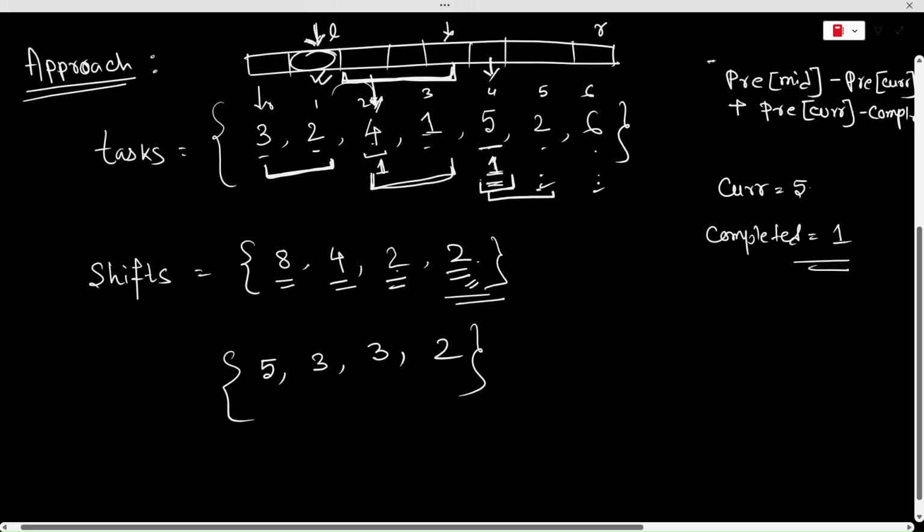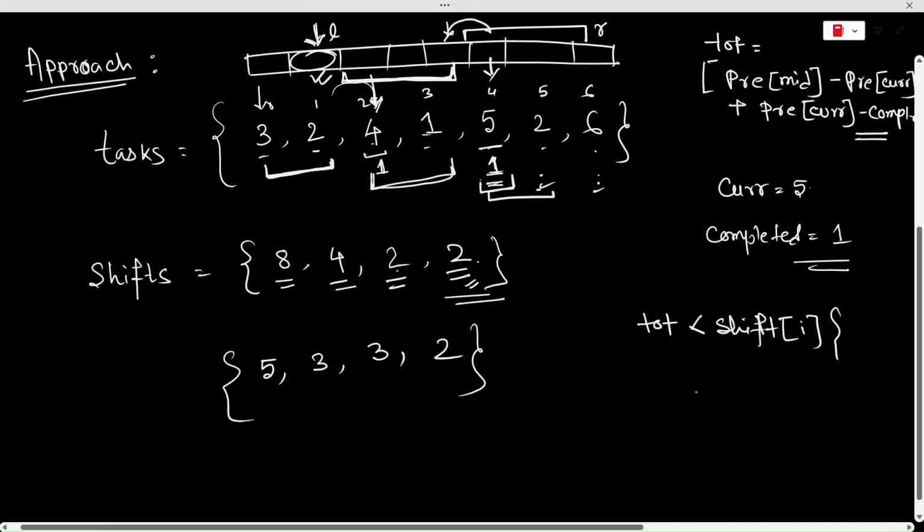Now this total value, I'm naming it total, okay? When the total value is lesser than our shift size, shift of any position, I am naming it i, then we can extend our range. So we can just extend our mid in this range.